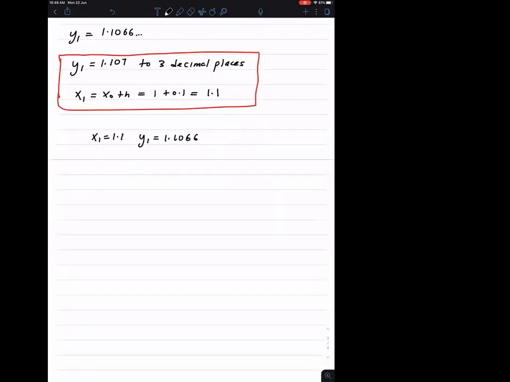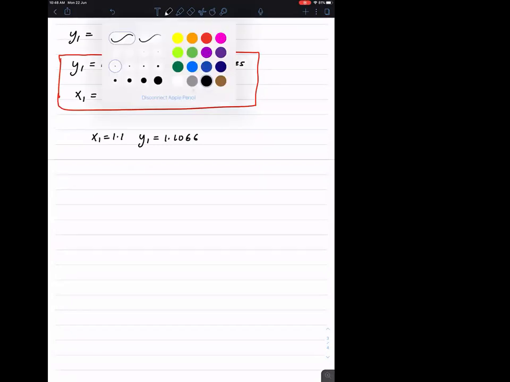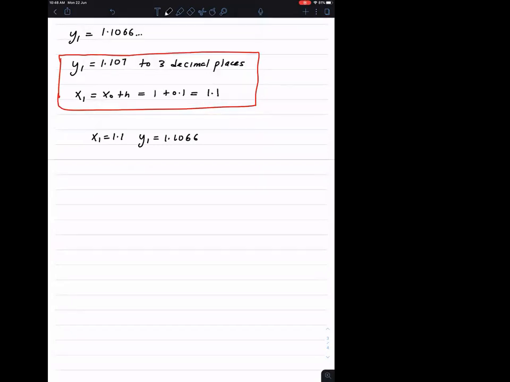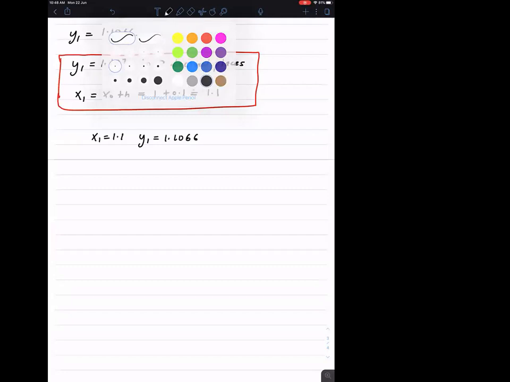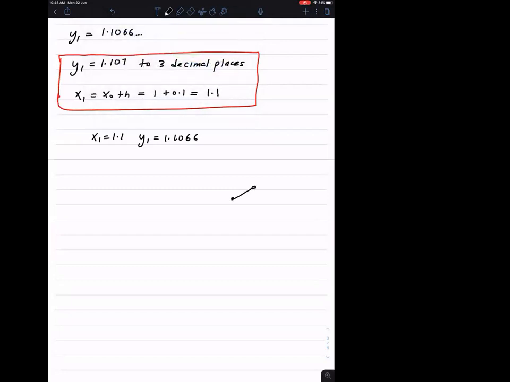So the next equation, what you're going to find is y2. Initially you were here, you already found x naught, y naught. Then you already found x1, y1. Then you want to find the next one, x2, y2. Step from here to here is 0.1.